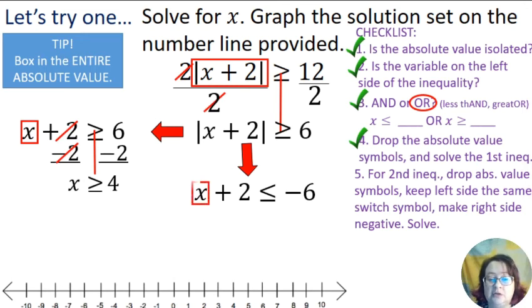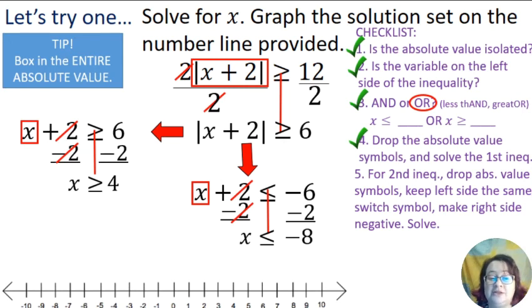Box in the variable, draw our line. We want to get rid of plus 2, so we have to use minus 2 on both sides. Our 2's cancel. On the right side, -6 minus 2 is -8. On the left, x is now by itself, and I keep my less than or equal to, since we didn't do anything to change the direction of that symbol this time.